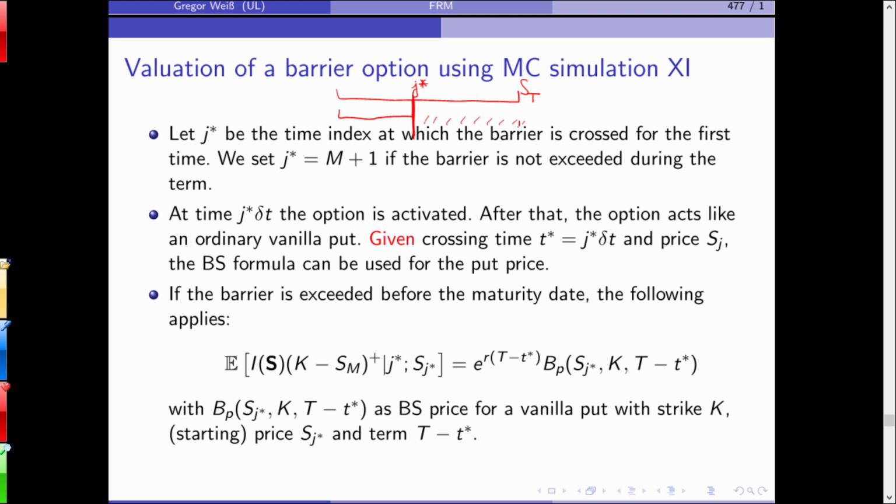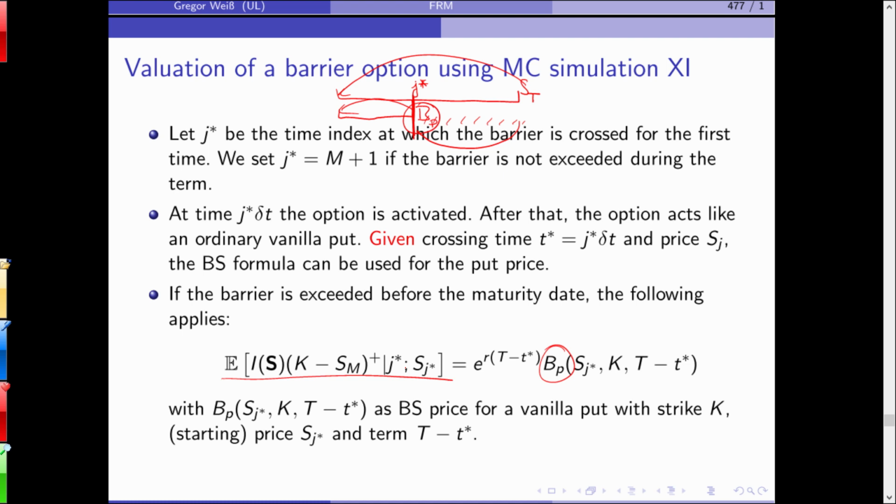So we'll take this here, use Black-Scholes, estimate the price of a put option at this point at J star, and we do not discount this payoff here, but we only discount BP, the price of the put option under Black-Scholes. And then we'll get this conditional mean.